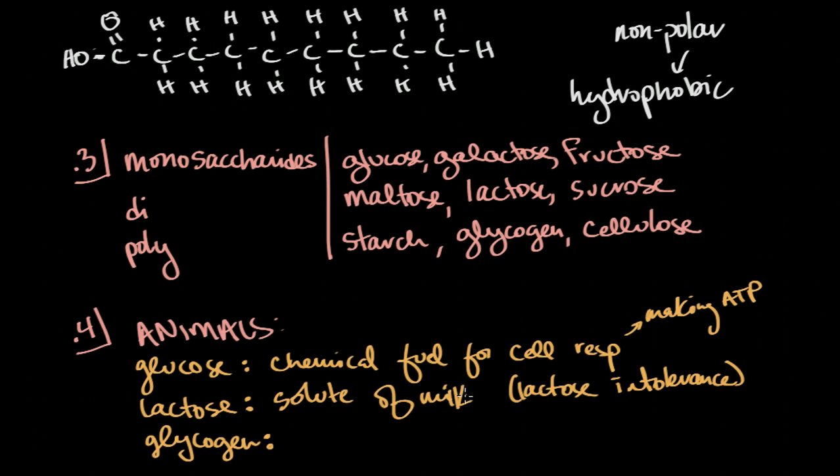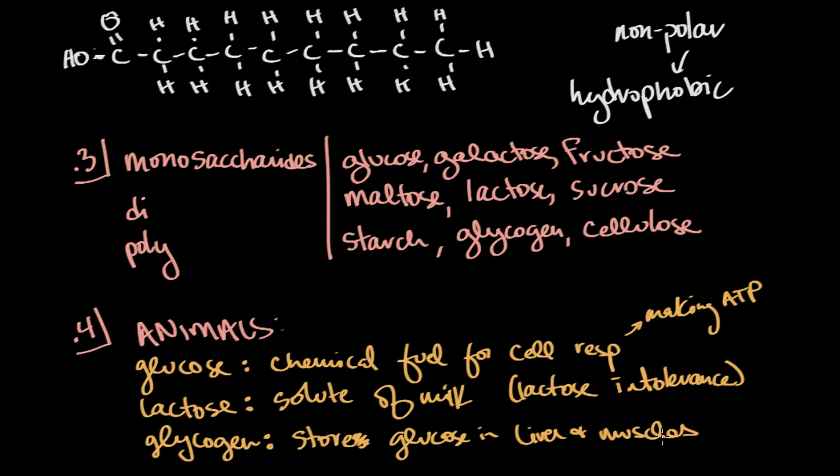And glycogen, unlike lactose, which is a disaccharide, is a polysaccharide. And this is the polysaccharide in which humans, all animals, store glucose in the liver and in muscles.